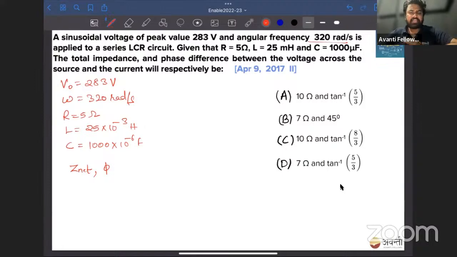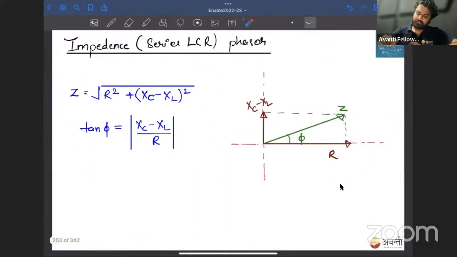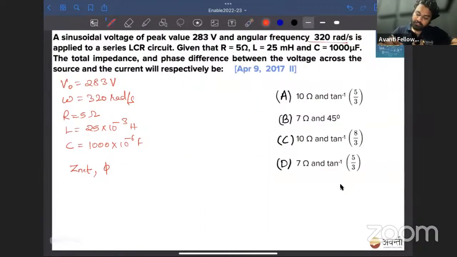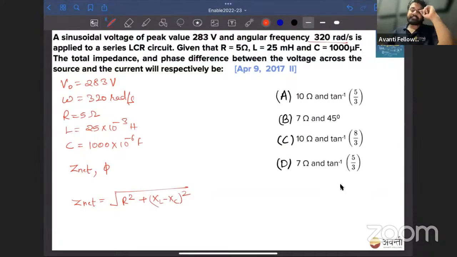We can easily calculate these by using this data only. So Z net is equal to the square root of R square plus (XL minus XC) whole square. We want XL and XC.